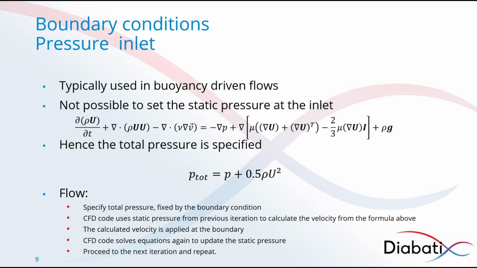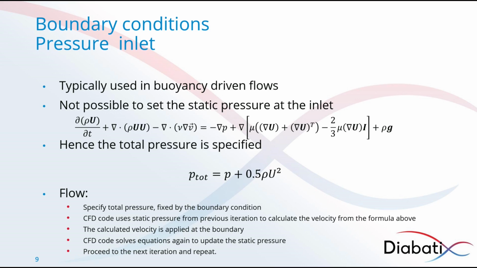The solution to this problem is to set the total pressure at the inlet instead of the static pressure. The total pressure is related to the static pressure by the equation of Bernoulli. So how does it work in the software? Because we only solve for the static pressure and not for the total pressure, the user specifies the total pressure at the boundary.